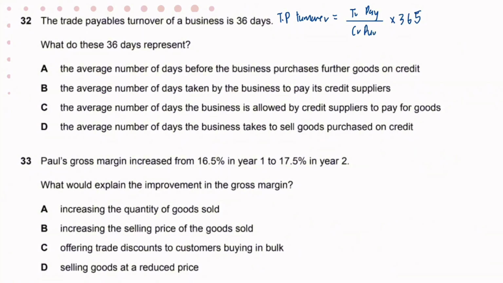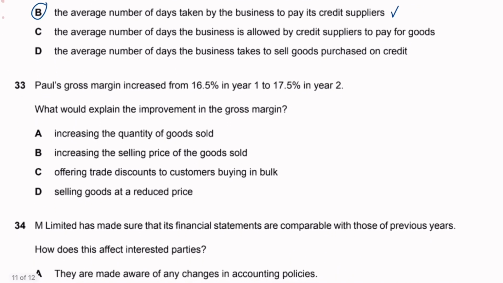Let's see the options. A, the average number of days before the business purchases further goods on credit. This is not correct. B, the average number of days taken by the business to pay its credit suppliers. Yes, correct. From this formula, you can know that this is the correct answer. So B is correct.